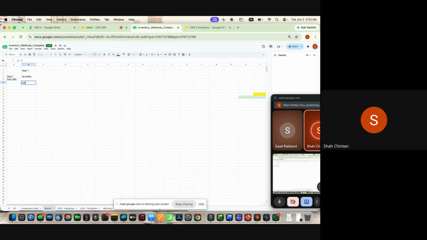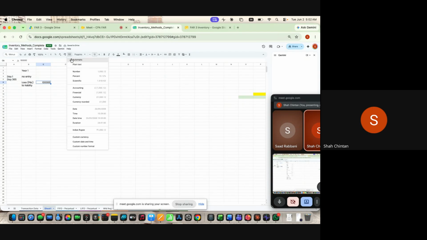So your entry is loss account debited, this is your P&L account, to liability account credited. You can give the name anything: provision for loss, provision for contingent loss, provision for liability. Any name you can give, you will have a loss of $1 million.